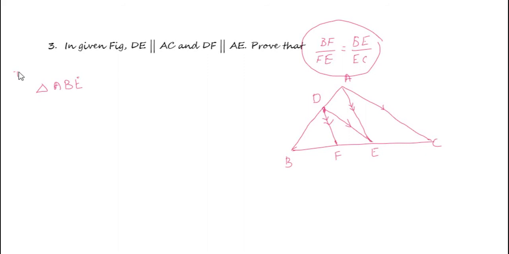In triangle ABE, DF is parallel to AE. Therefore, from Thales theorem, BF divided by FE is equal to BD divided by DA. This is from Thales theorem. This is one.